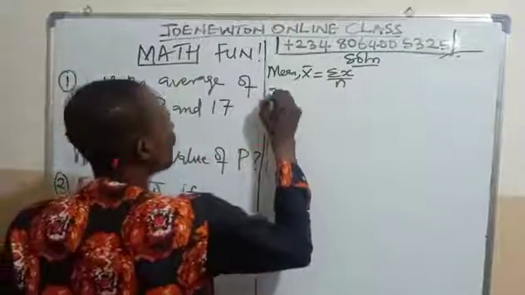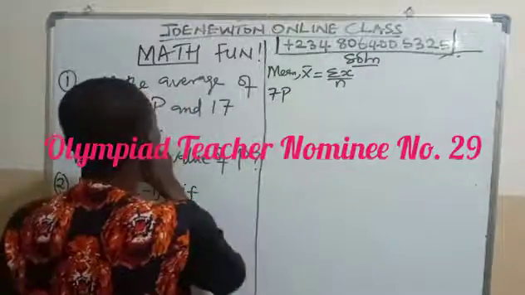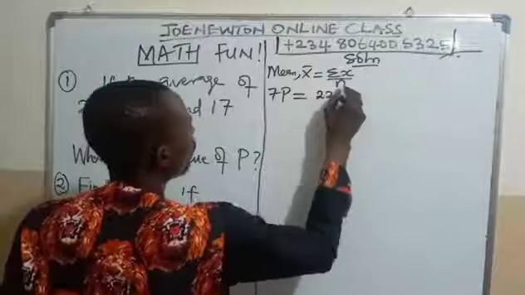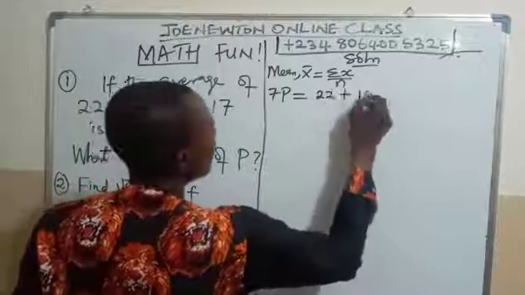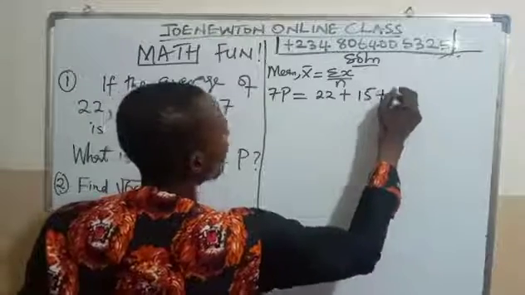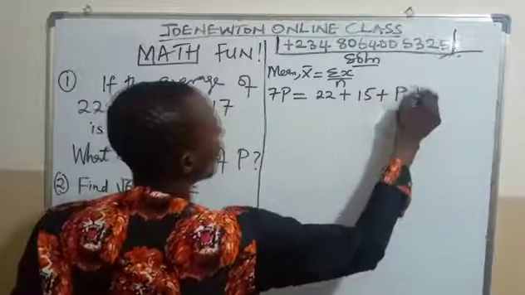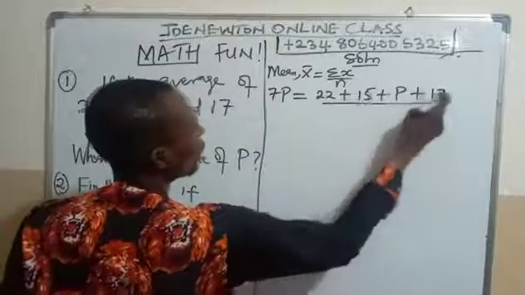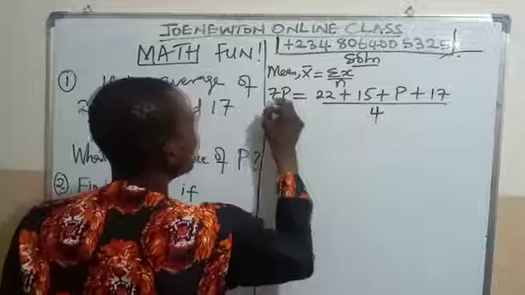So we have that 7p, which is our mean given, is equal to the items 22 plus 15 plus p plus 17, all over 4. Simple.